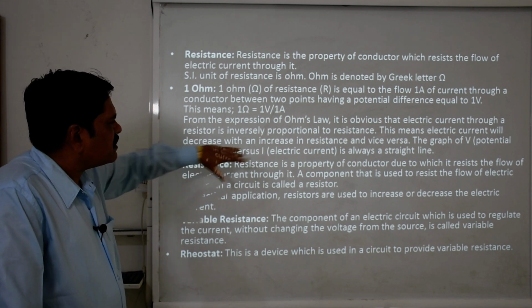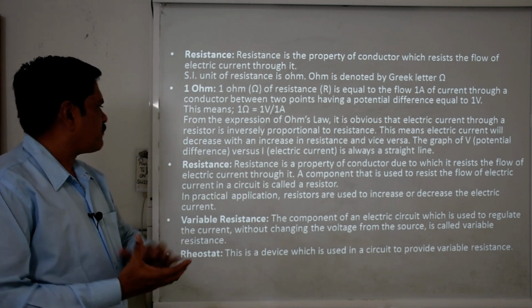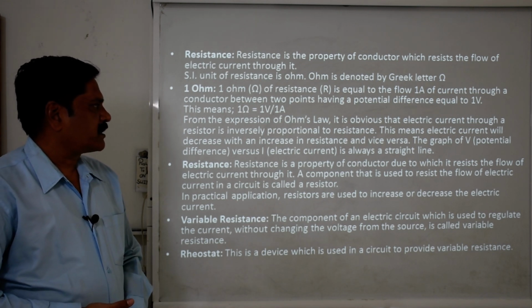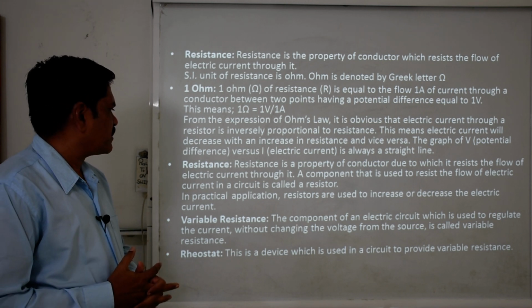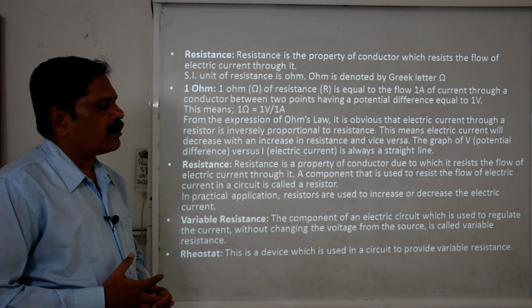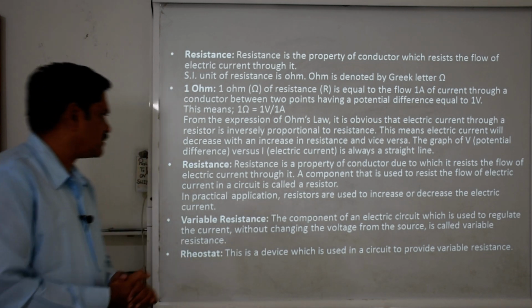Now this resistance is a property of the conductor due to which it resists the flow of the electric current through it. A component that is used to resist the flow of electric current in a circuit is called a resistor. It may be in the form of a load.